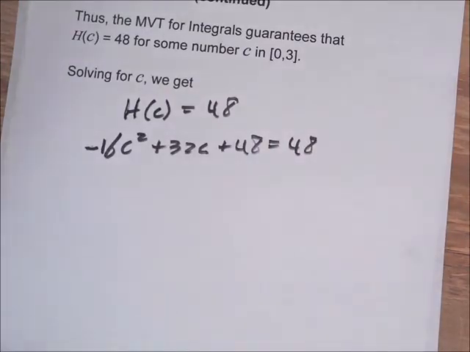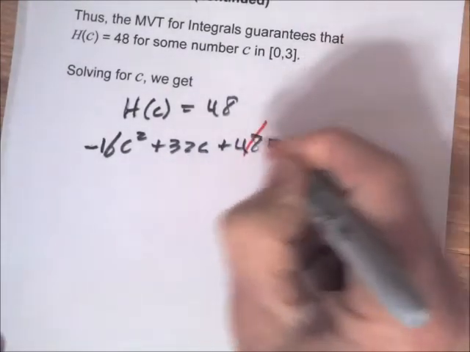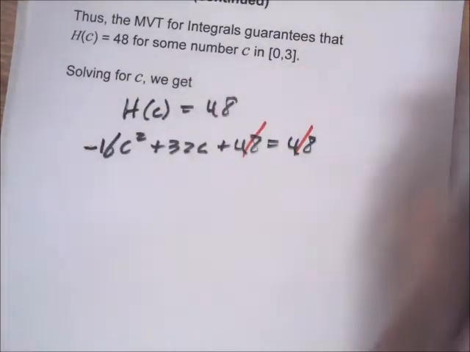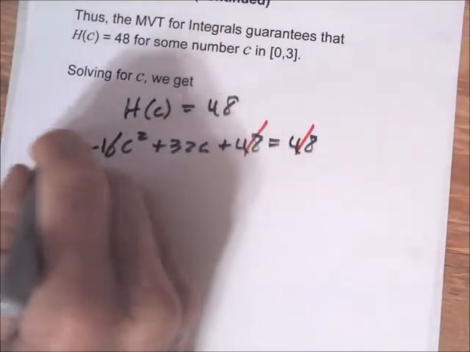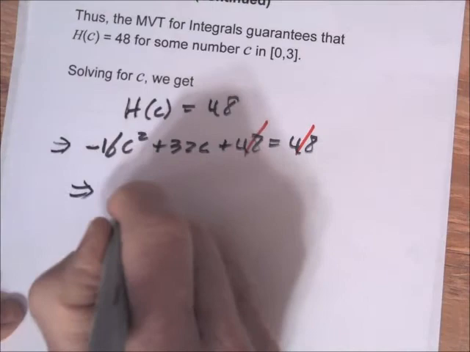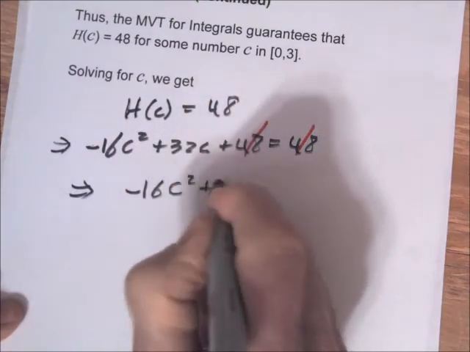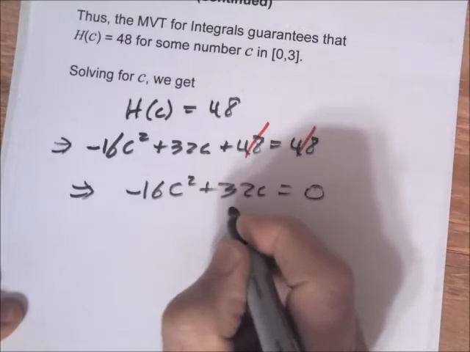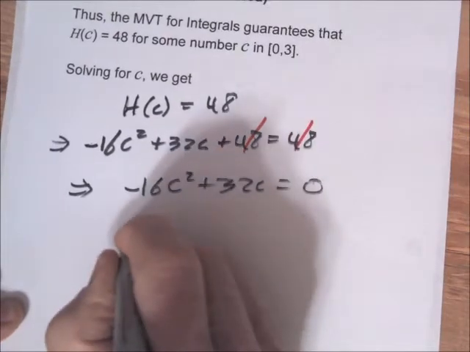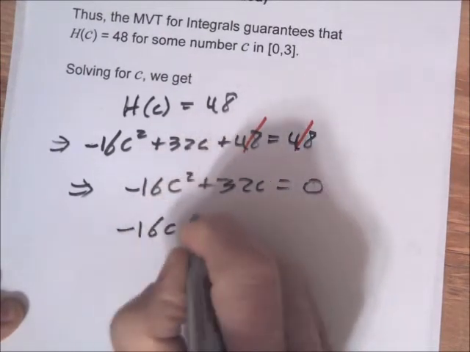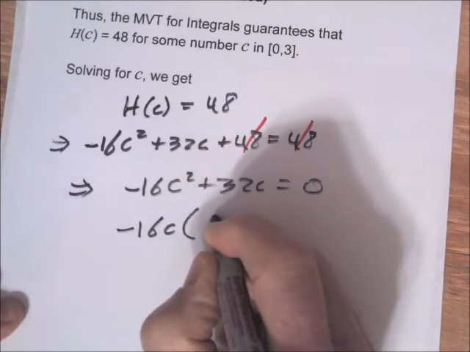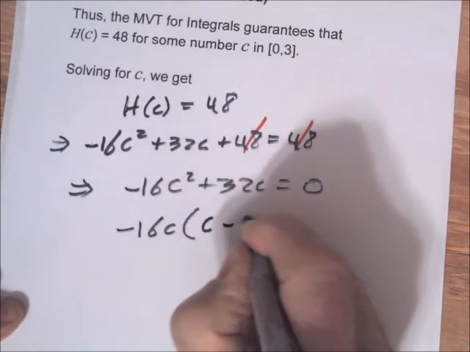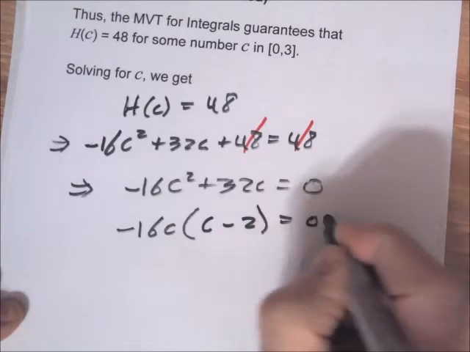So the 48s will cancel, and so we'll just have minus 16c squared plus 32c equals 0. We can factor out the minus 16c, and that will give us minus 16c times c minus 2 equals 0.